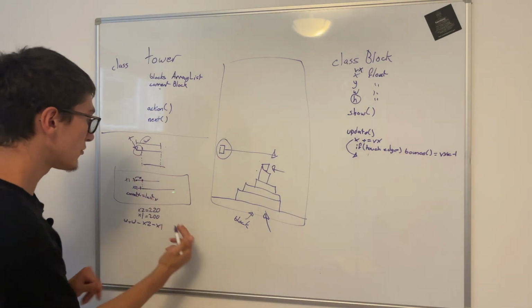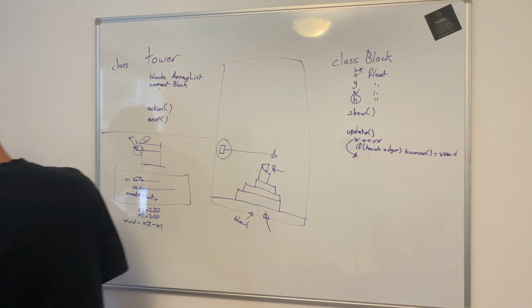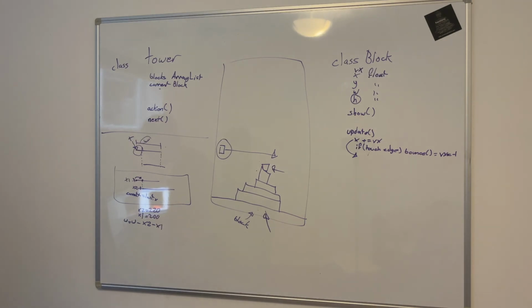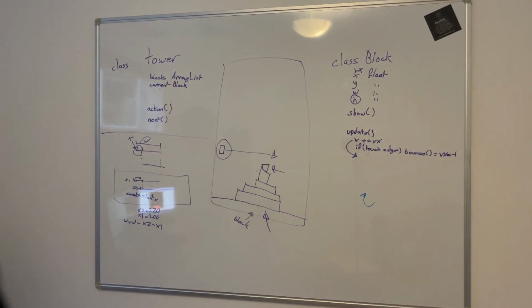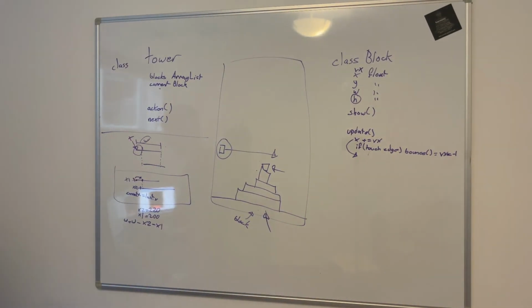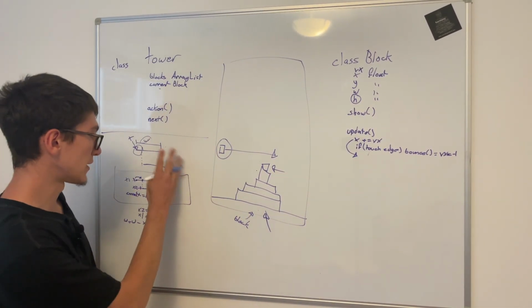It's basically going to be the same for the other side. Let me take a different color, something that's visible. That's kind of visible, that's fine. So let's say now it's on the other side that needs to be cut off.